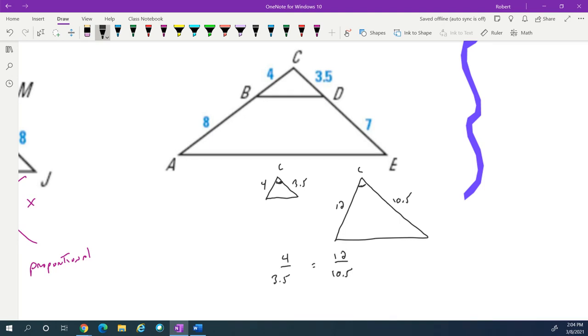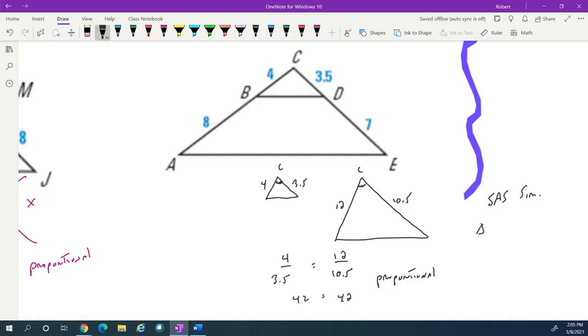So we're going to cross multiply. 10.5 times 4 is 42. 3.5 times 12 is 42. These are proportional. They share angle C, so this is side angle side similarity.